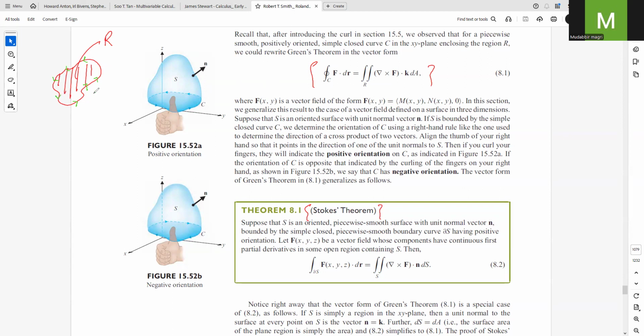Let's consider that something is moving on this boundary in this direction, and this region R is bounded by this curve C. Let us consider that there is some vector field trapped inside this region, represented by F, and we can write it as P dx plus Q dy. So we can define the vector field this way.